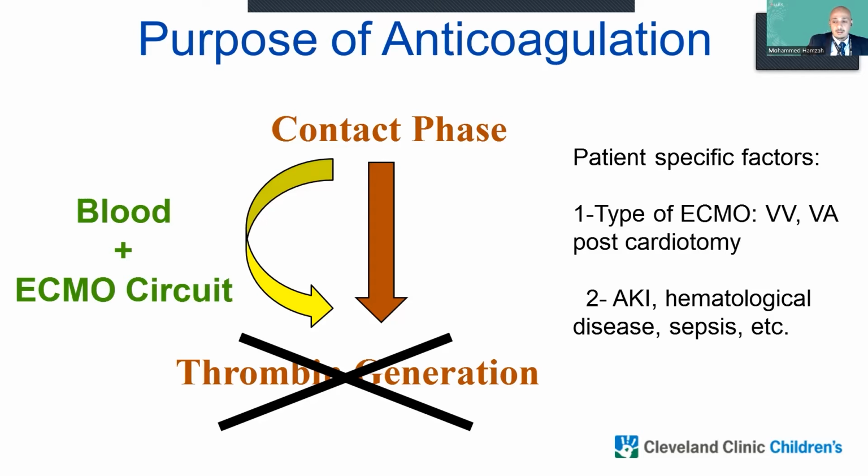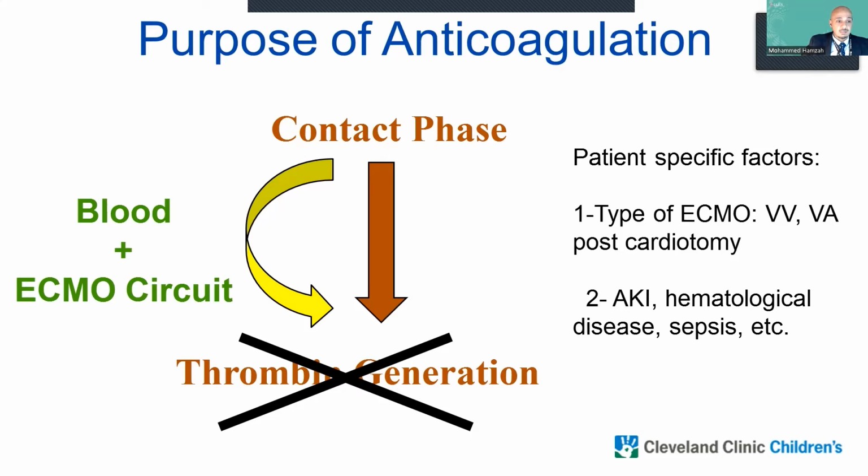Other patient-specific factors to consider: if the patient has renal insufficiency or is on dialysis, this may impact the clearance of the drugs that you may use for systemic anticoagulation. Also, if the patient is in sepsis or is prone to thrombosis.